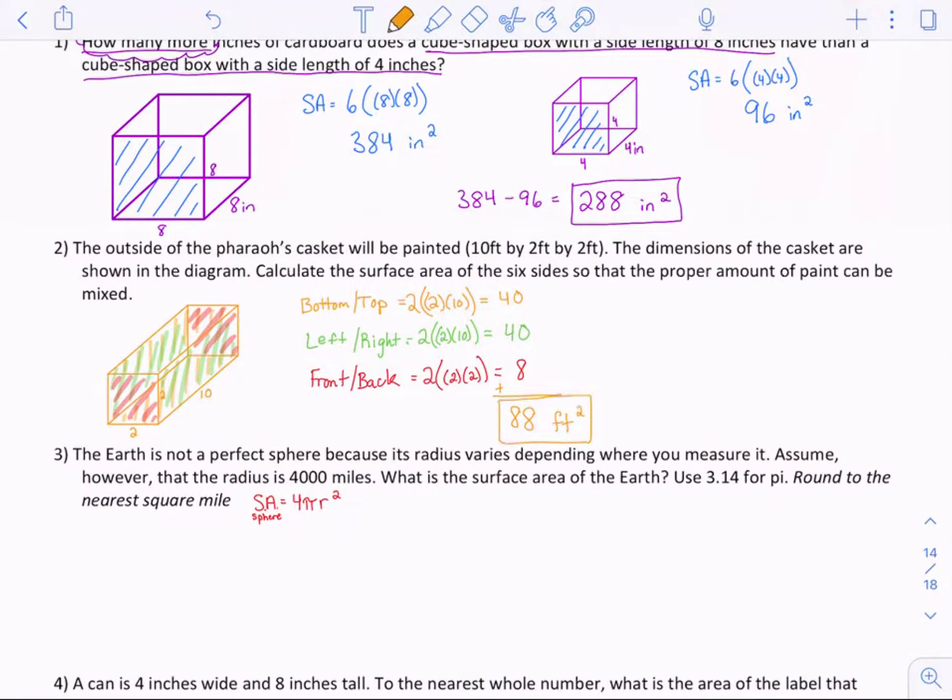Exactly. And you can figure out how much you have to order if you go to Ace Hardware or Home Depot based on that number. Every gallon of paint can cover a certain amount of surface area. Absolutely.